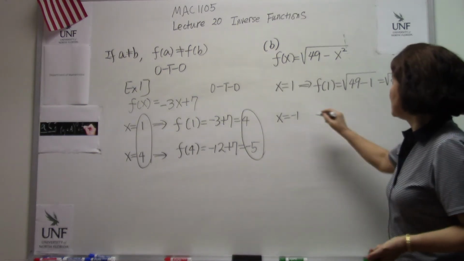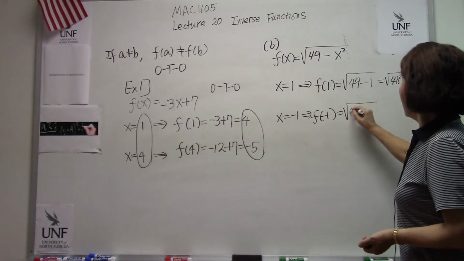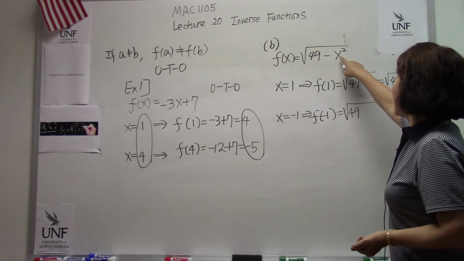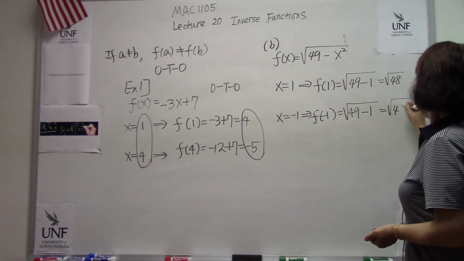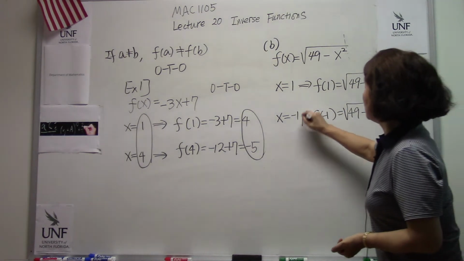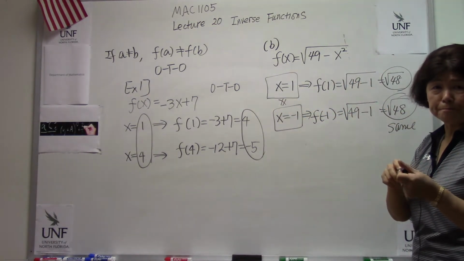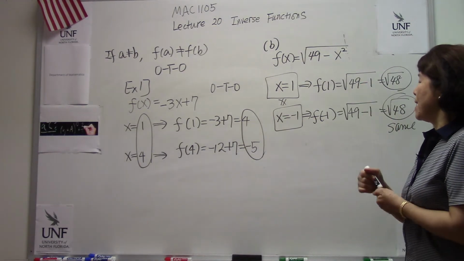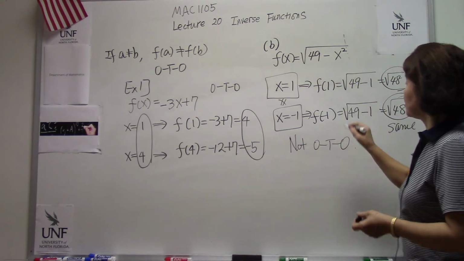What about x equals negative 1? Well, f of negative 1 equals the square root of 49 minus 1, because when you square negative 1, again that is a positive 1. So again, we have the same output, even though those inputs are different. So this is not a one-to-one function.